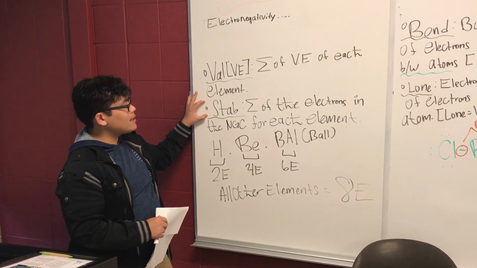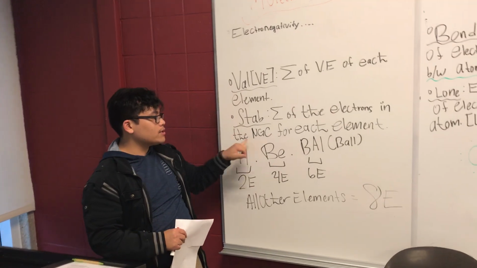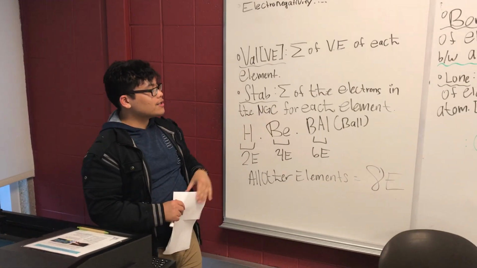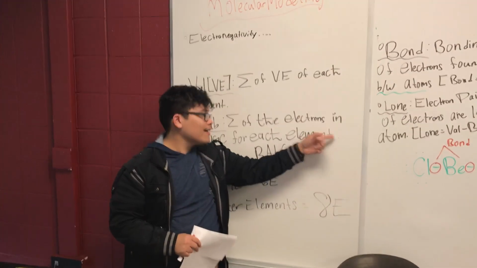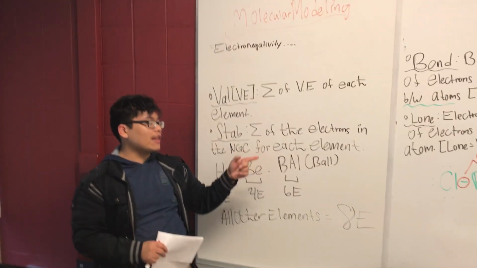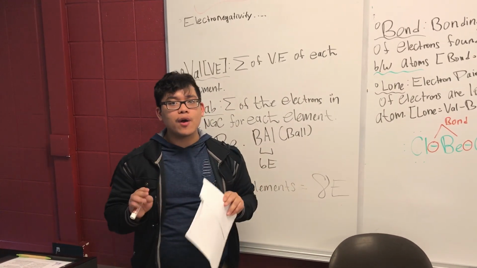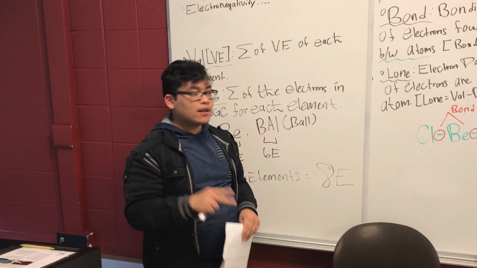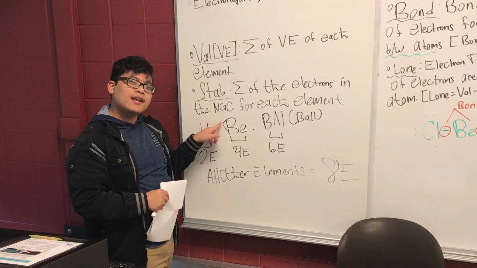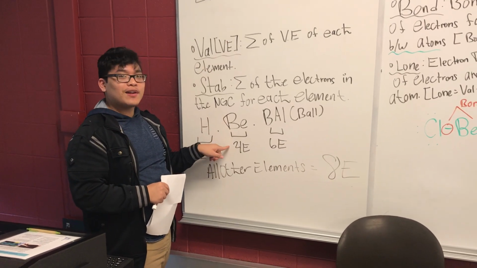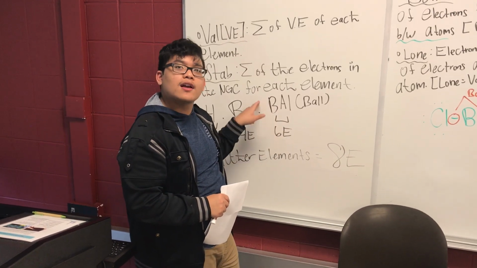The next concept is stab, or stable noble gas configuration, which is NGC. It's just like valence electron, except it's the sum of the electrons in the NGC for each element. And basically every single element in the periodic table has 8 electrons except 4, and these include helium, which has 2 electrons. Beryllium has 4 electrons, and boron and aluminum both have 6 electrons.